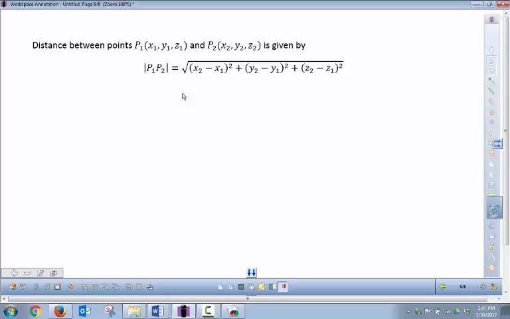Now, there's this idea of trying to describe a set of points using some sort of equation. One way to do this is what they talk about in the textbook.